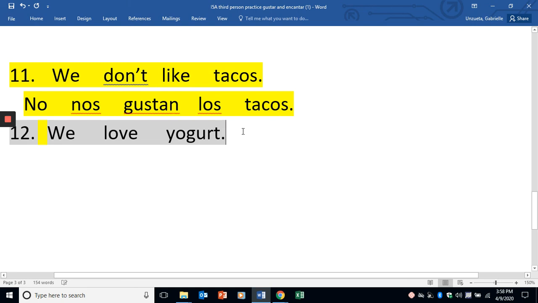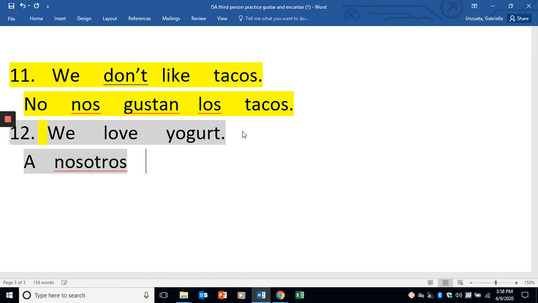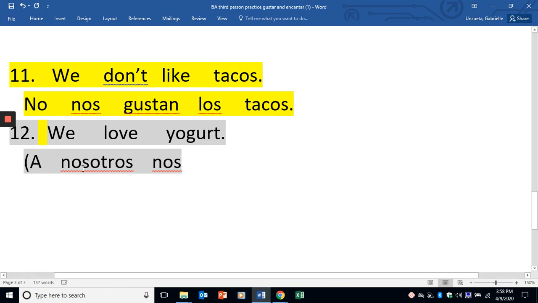But okay, we love yogurt. Now, I'm going to throw in an a nosotros to show you that you don't need to put the a nosotros, because the nos is very redundant. So this is just an option you have. You either start with nos or a nosotros. It's kind of like the a mí is an option: a ti te gusta, a mí me gusta, a nosotros nos.